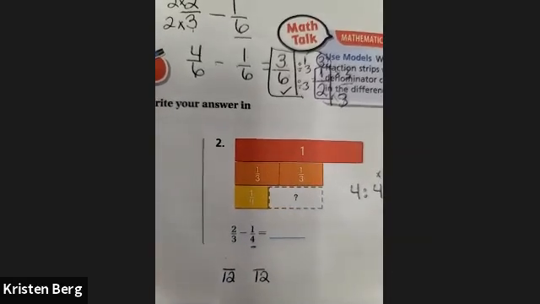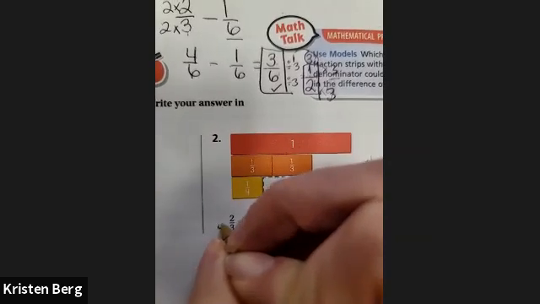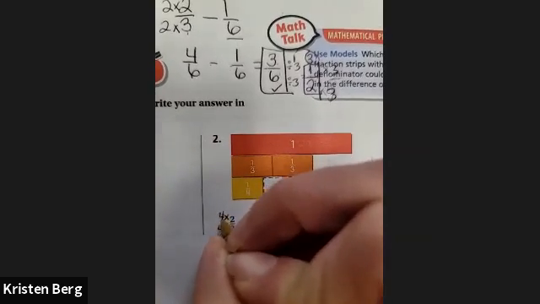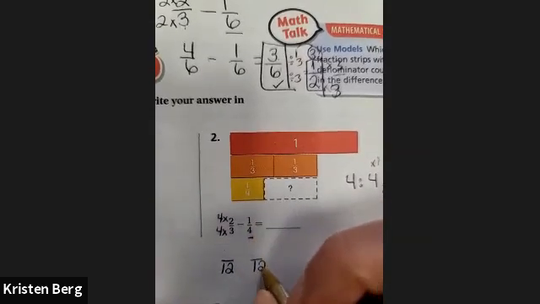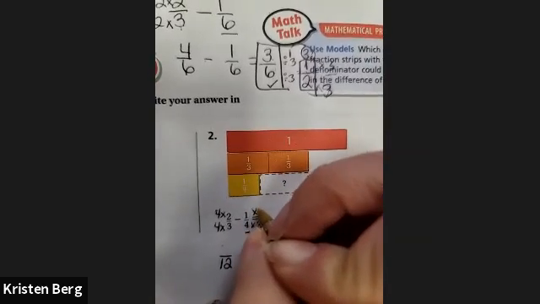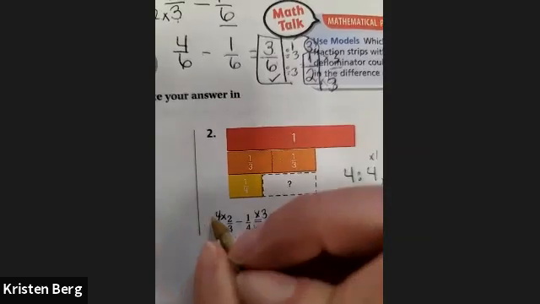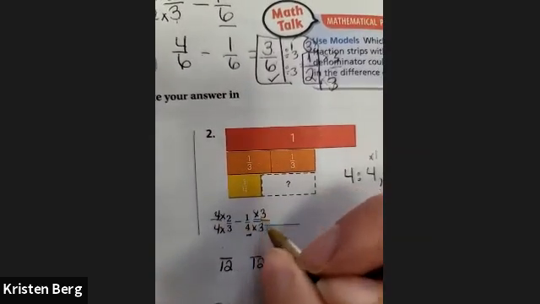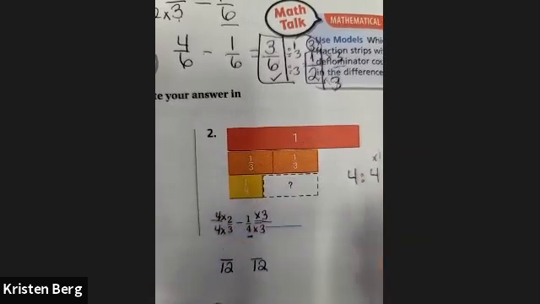So 3 times what will give you 12? 3 times 4, and then this one would be times by 4. And then what would you do to a 4 to get it to a 12? You would times this one by 3, and you must do the same to my numerator, which is timesing it by 3, because you are still going to times it by 3 over 3, still 1 whole. 4 over 4 is still 1 whole as well.